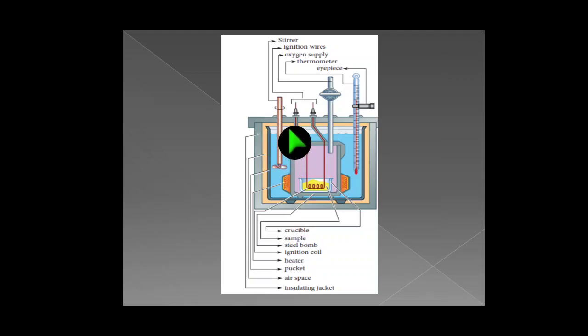That's why it is given. Next, the ignition wire is connected with the ignition coil, positive and negative. Then the oxygen supply. If you want to combust the substance, we need oxygen. That's why the oxygen supply is given. Now the condition is closed, right?